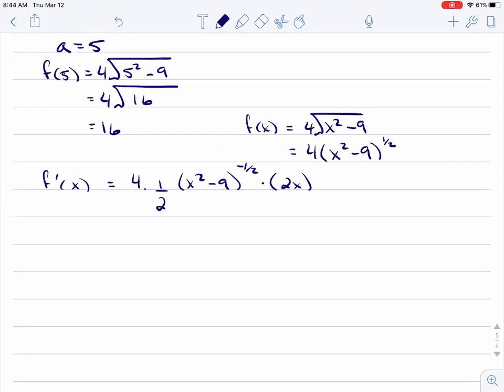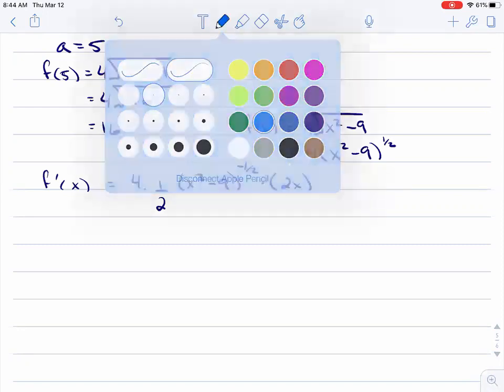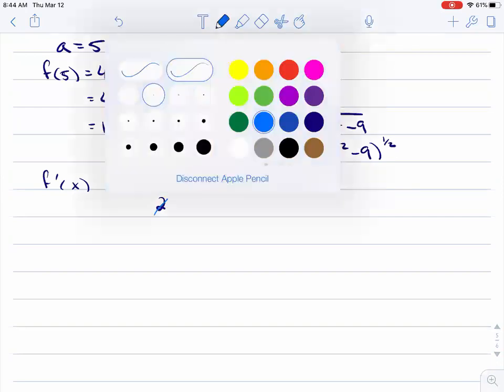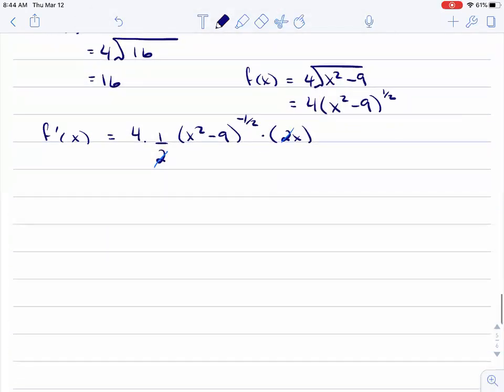I'm multiplying all along here, and so I can cancel this 2 and this 2. If you don't want to do it right away, that's okay, but they'll end up canceling at some point, so it doesn't matter when you do it. So then I'm looking at 4x in the numerator and the root of x squared minus 9 in the denominator.